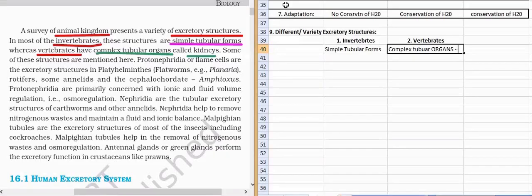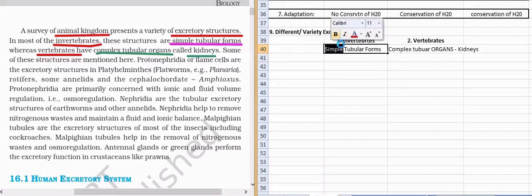You have to remember this. So these are the two things he mentioned: simple form, and next, complex.